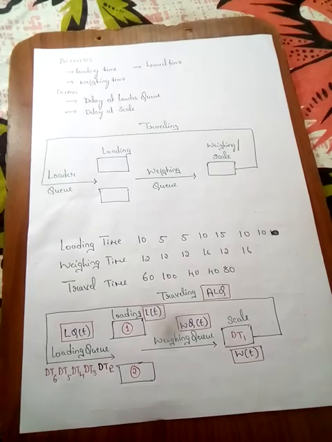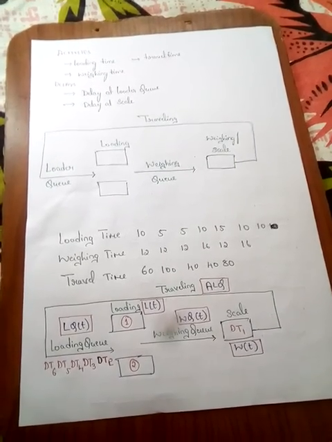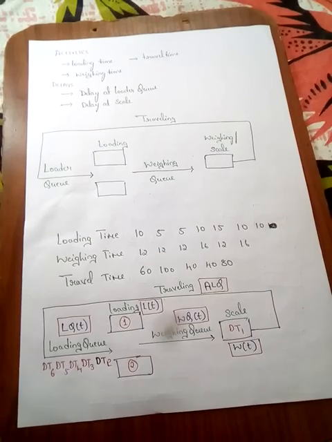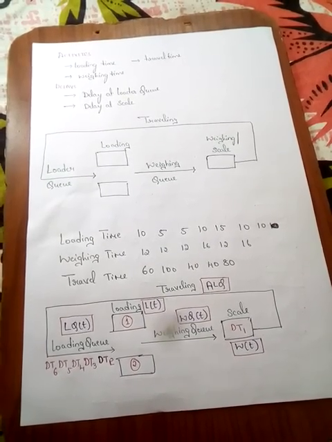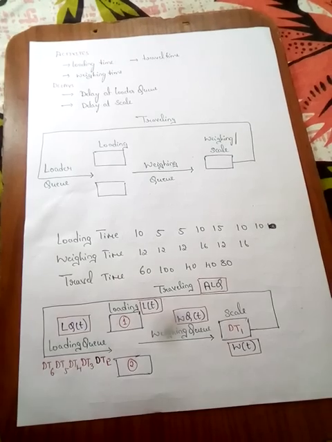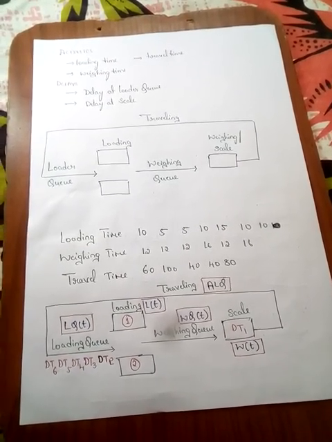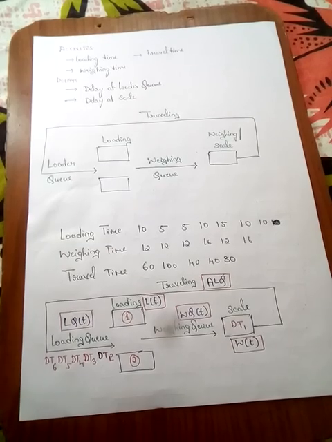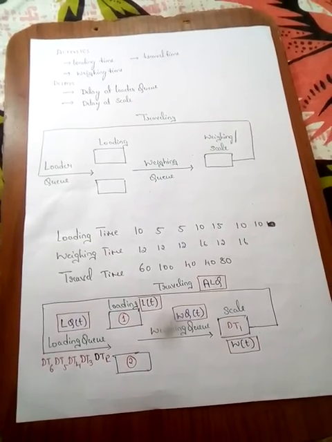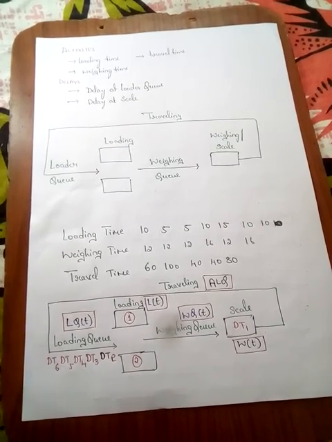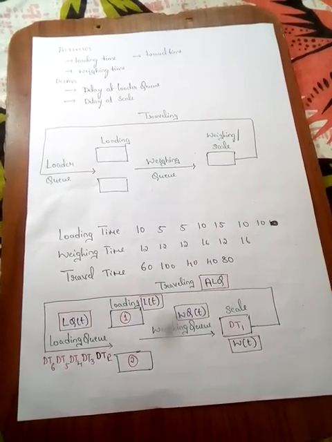And here I have my list of loading time values, weighing time, and travel time. The loading time has 10, 5, 5, 10, 15, 10, 10, and weighing time has 12, 12, 12, 16, 12 and 16, and travel time has 60, 100, 40, 40 and 80. These are the activities done in my dump truck problem.